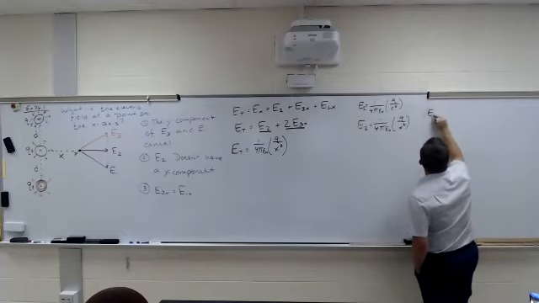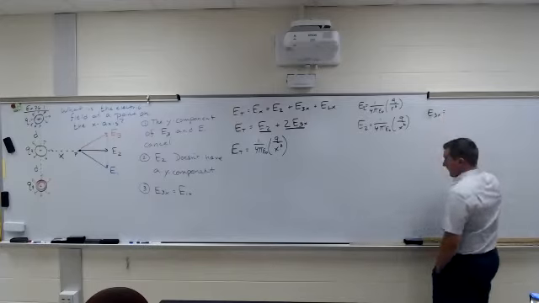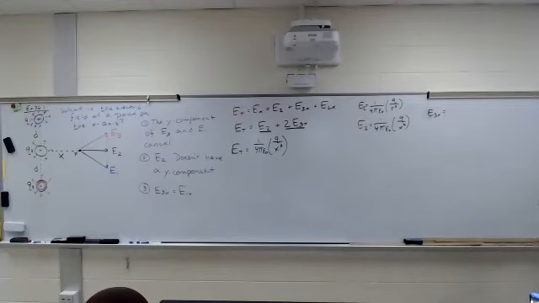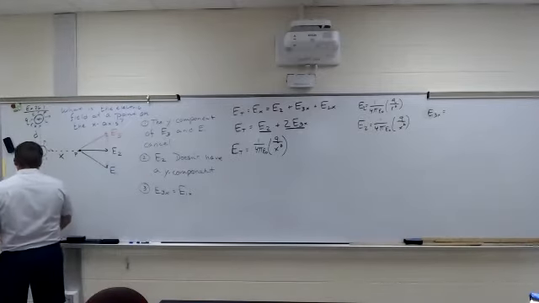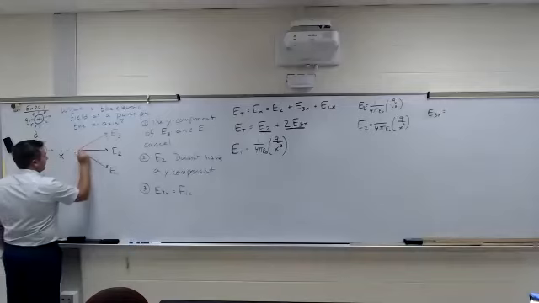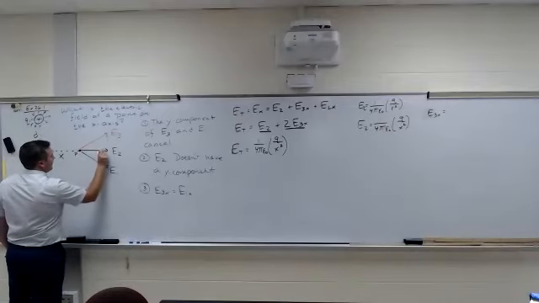The electric field in the x direction is going to be equal to, if we look at it, we want the x component of that electric field. We want just the x component.